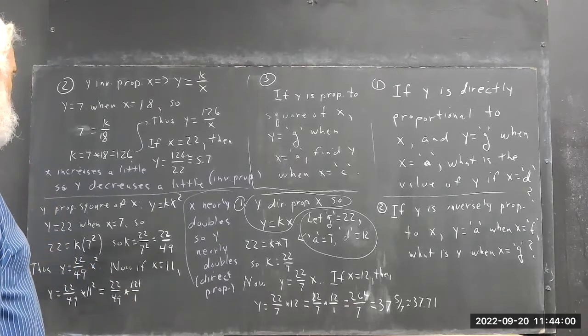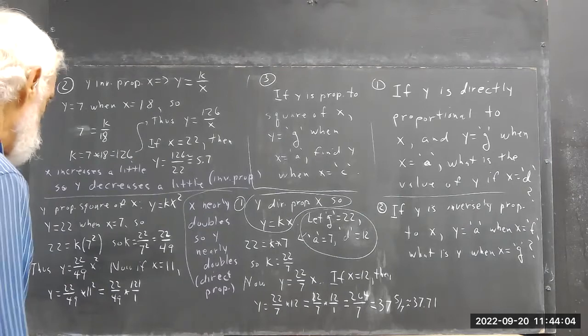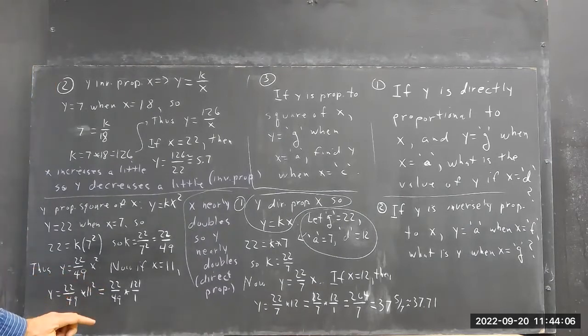So I'm just going to say, well, 22 over 49. 49 into 121 is about 2.4, a little more than 2.4. 2.4 times 22, so somewhere around 32.